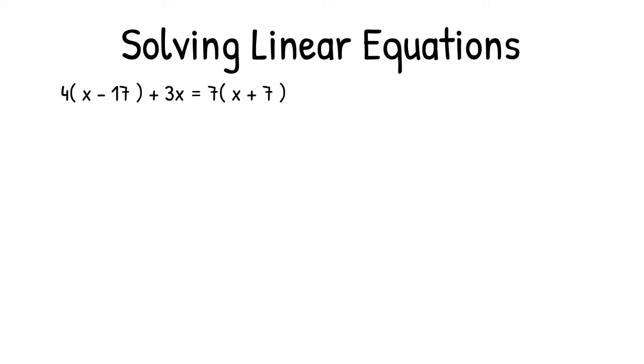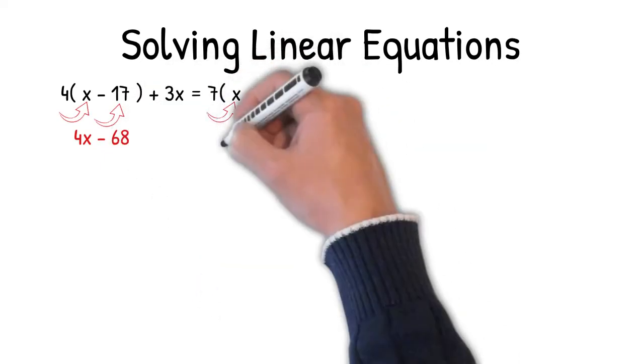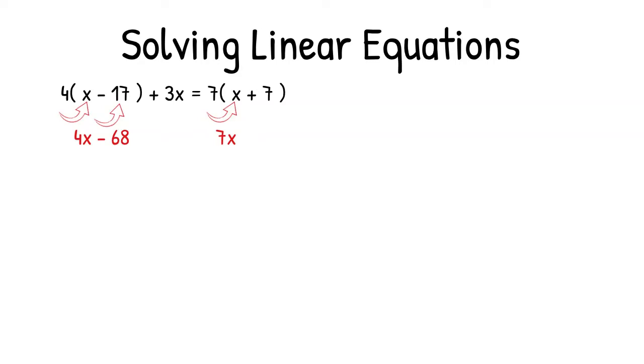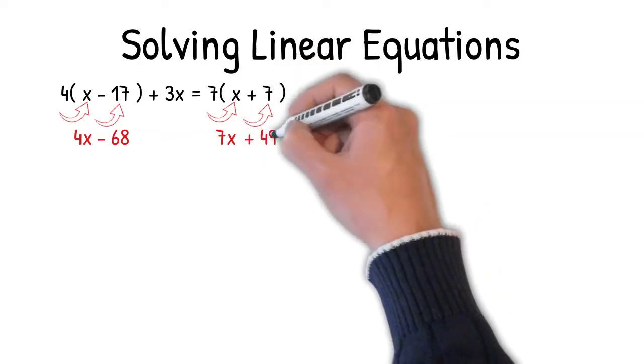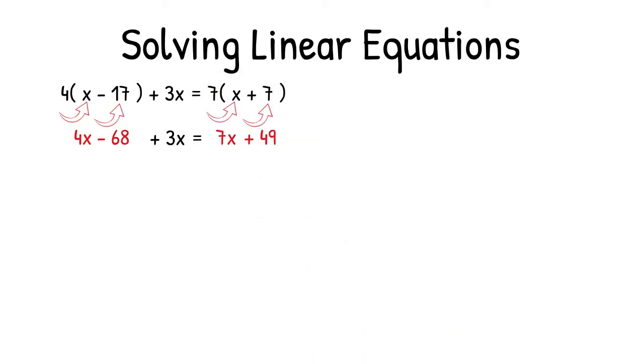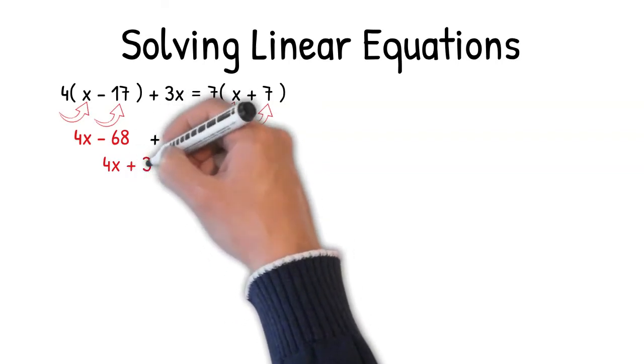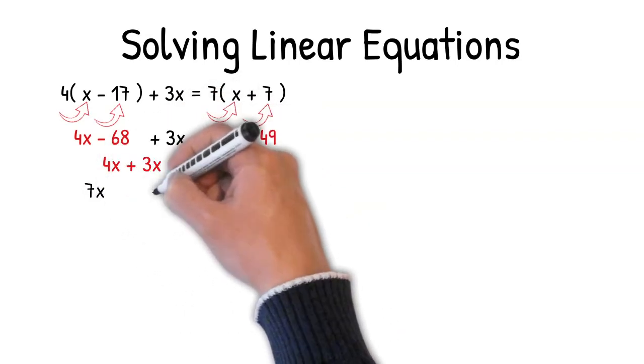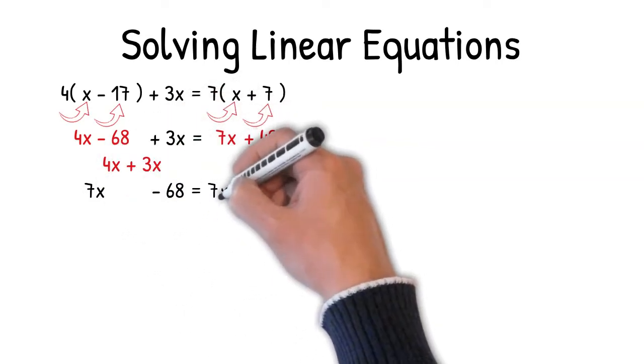Since we have parentheses, we need to distribute. 4 times x is 4x, and 4 times negative 17 is negative 68. 7 times x is 7x, and 7 times 7 is 49. Drop down the rest. Now combine like terms. We have 4x plus 3x, which is 7x. Drop down the rest, and simplifying is done.